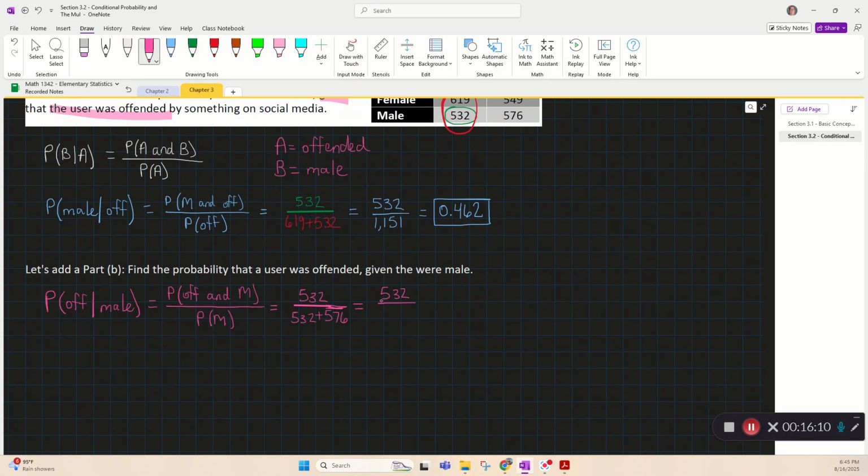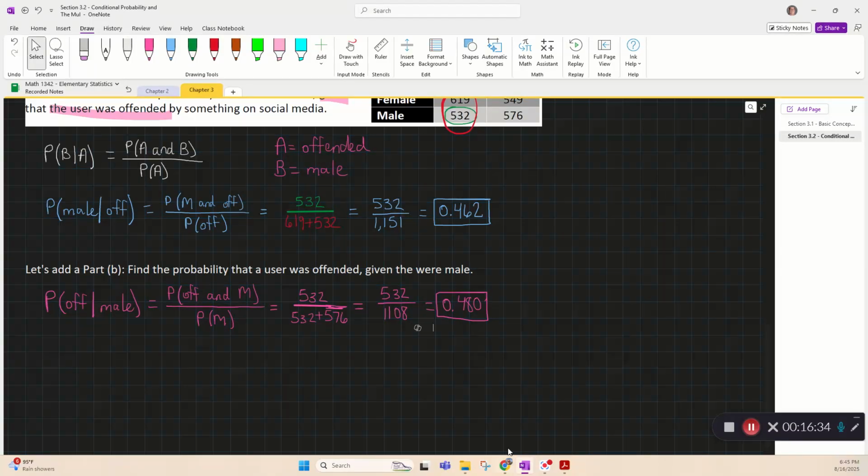That's going to be 1108. So now we do indeed have a different denominator. I divide, and these are roughly 0.480. That's different.